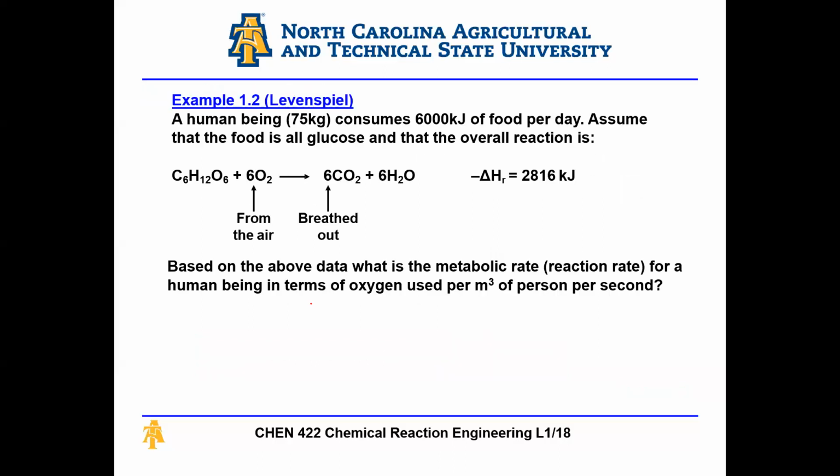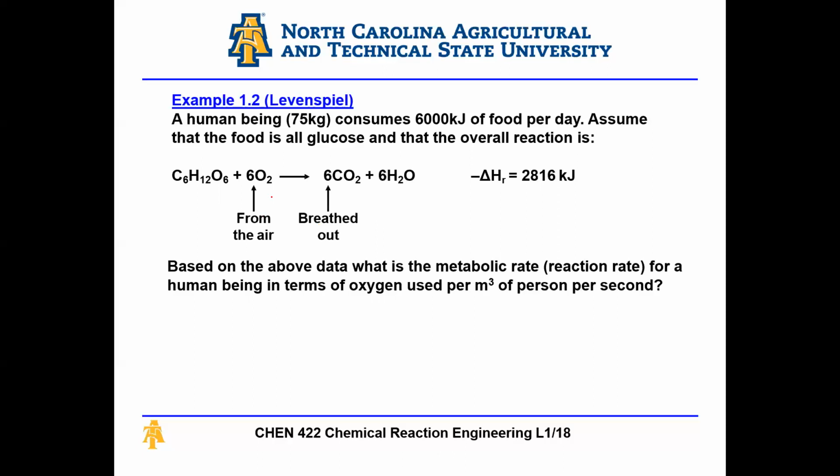Okay, let's have a look at a quick example. This is example 1.2 from Levenspiel. In this example, he says a human being who is 75 kilograms consumes 6,000 kilojoules of food per day. You're told to assume that the food is all glucose and the overall reaction follows this expression, where glucose plus 6 oxygens gives 6 CO2s and 6 waters.